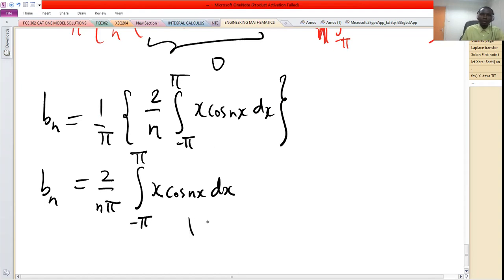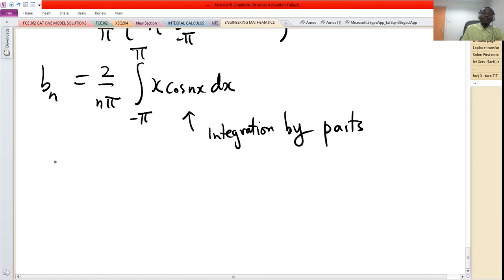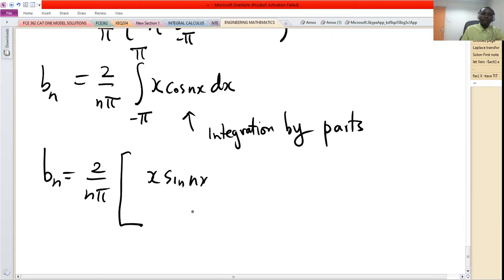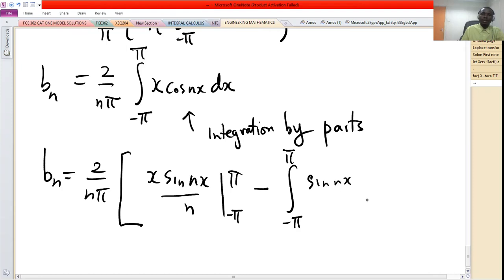So also here, use integration by parts, so that bn will be 2 over n pi into x sine of nx over n from minus pi to pi, minus the integral from minus pi to pi of sine nx over n dx.